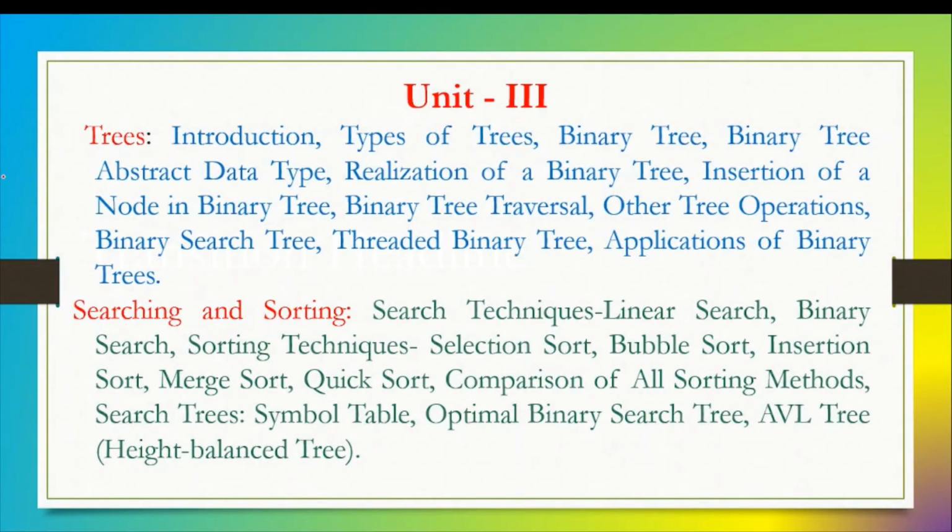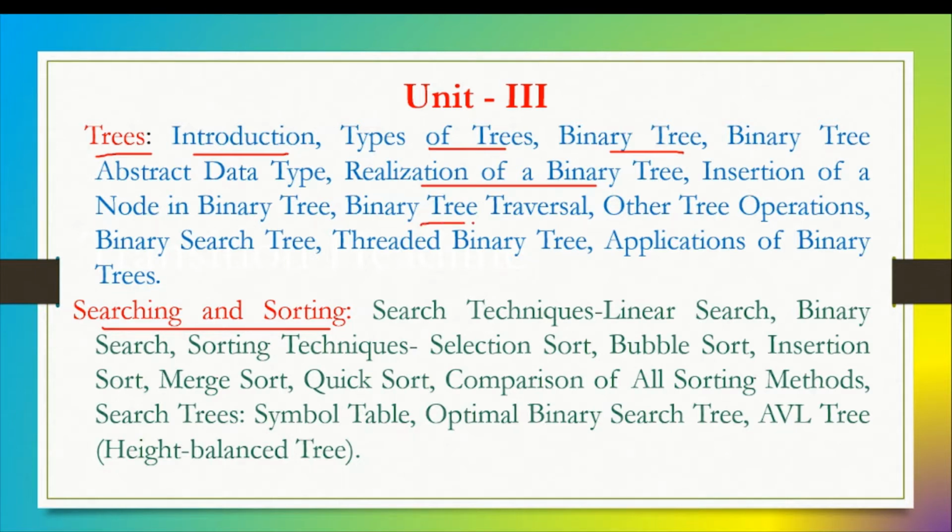In the third unit we have 2 chapters: trees, and searching and sorting. In the first chapter we will learn about trees and their different types, what a binary tree is, binary tree representations, how to insert a node into the binary tree and how to delete one.